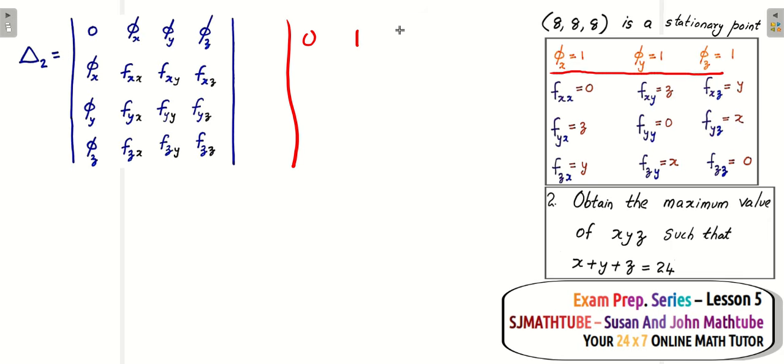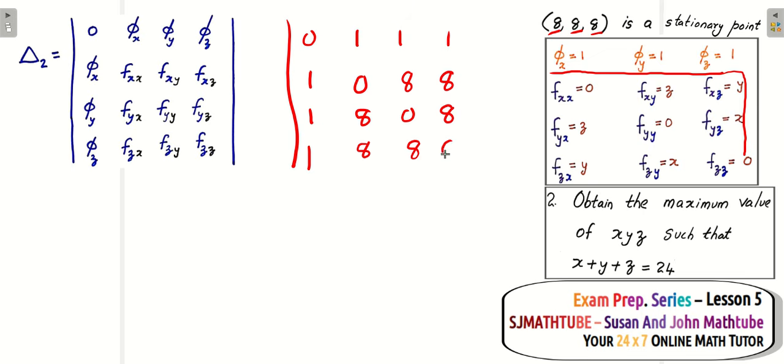So 1, 1, 1, 1, 1, 1. And then you copy all these quantities at 8, 8, 8. So that will be 0, 8, 8, 8, 0, 8, 8, 8, 0. So don't waste time expanding this.